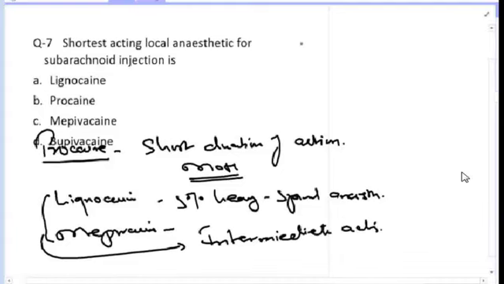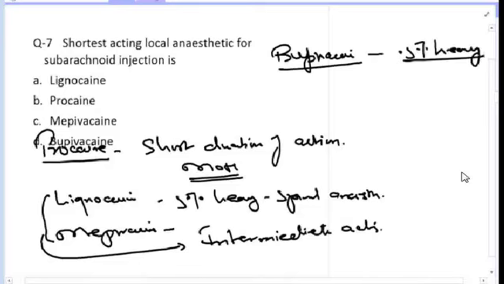On the other hand, bupivacaine is used as 0.5% heavy, and it has got long duration.